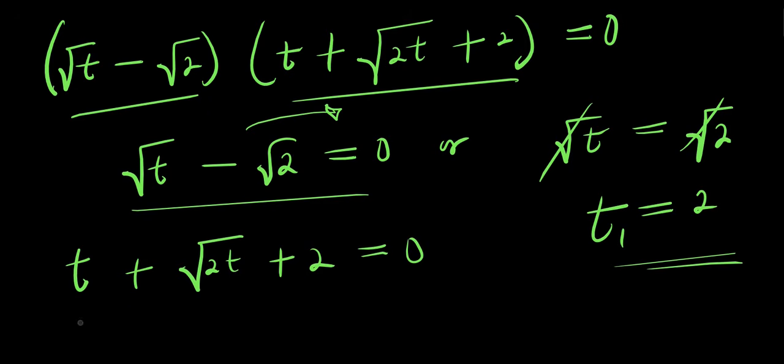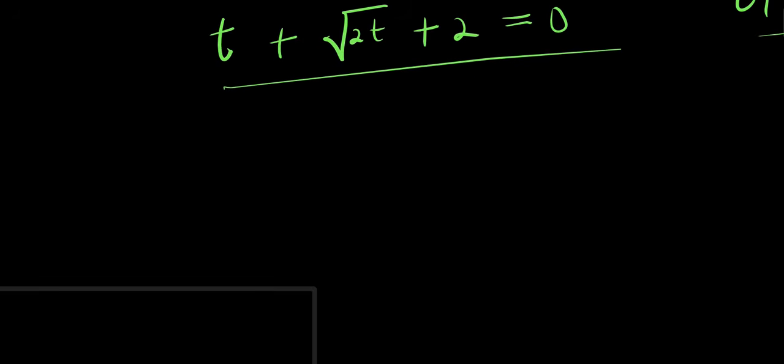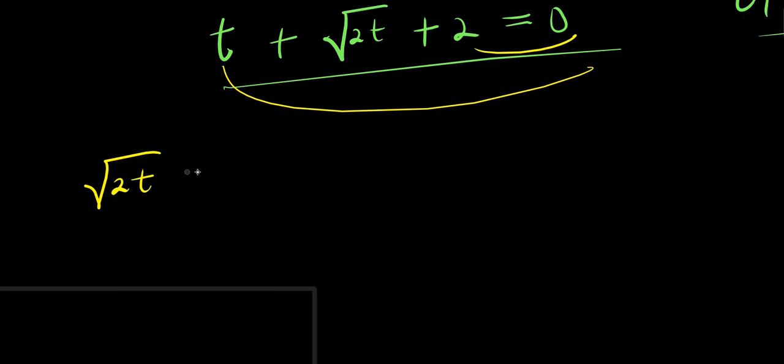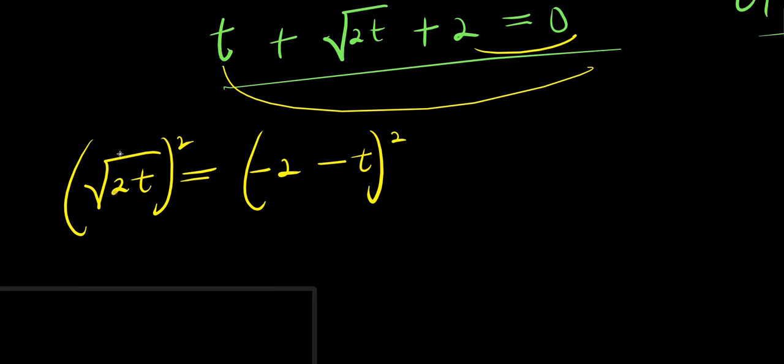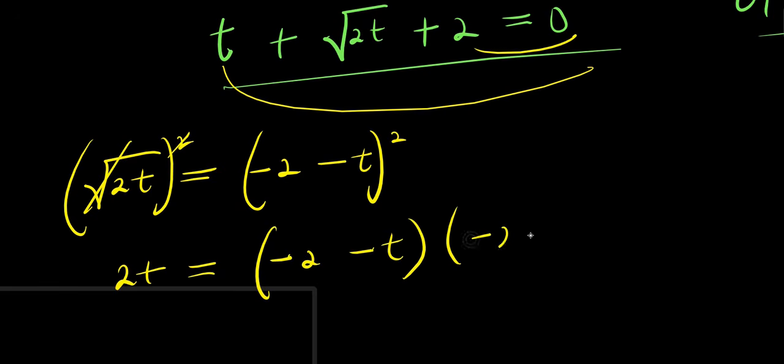Now we also solve this for the other values of t. I move this and this over. Square root of 2t equals negative 2 minus t. I take the squares. This cancels this. I have 2t equals, I expand this: negative 2 minus t times negative 2 minus t.